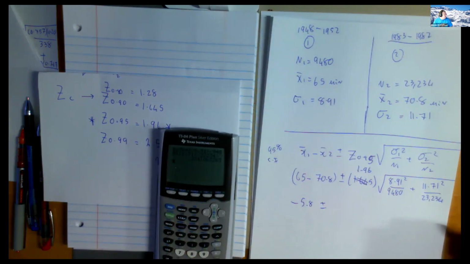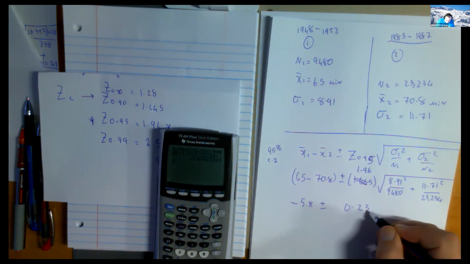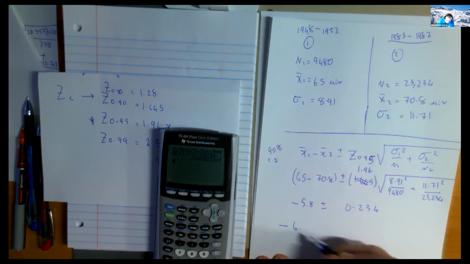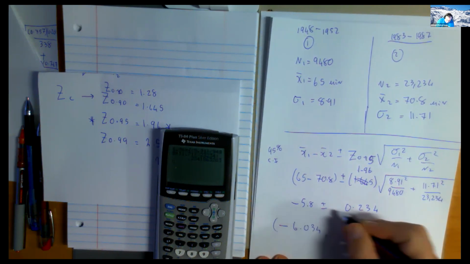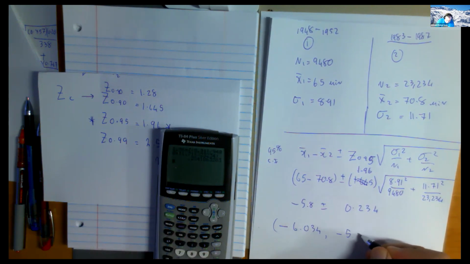So 0.234, what did they want here? 2 decimal places. 0.234. So if we subtract them, it's negative 6.034. And if we add them, it's negative 5.566.